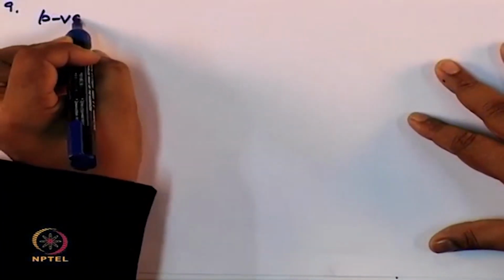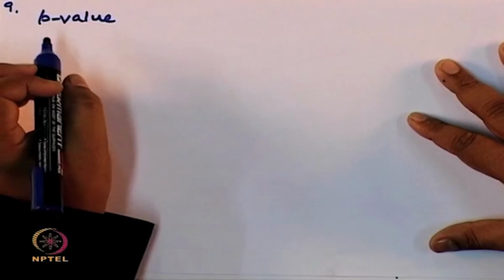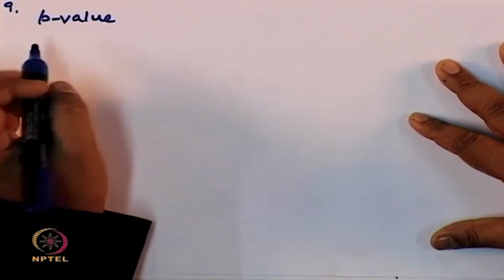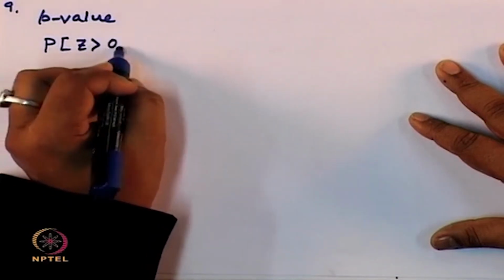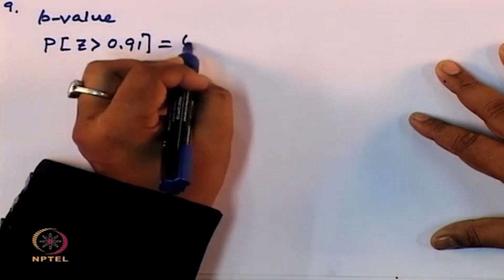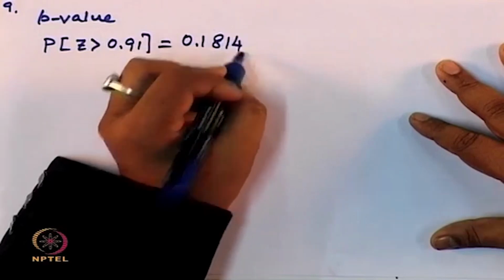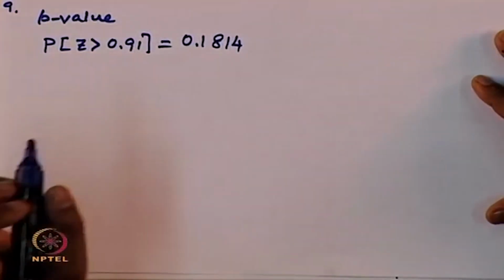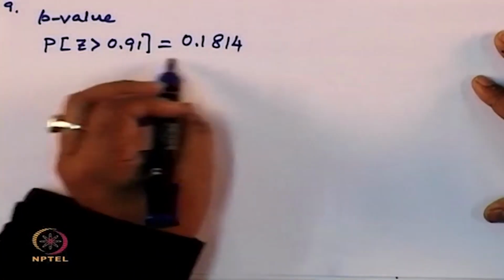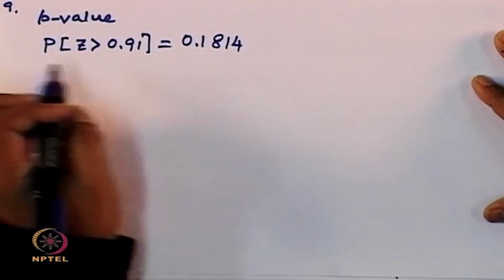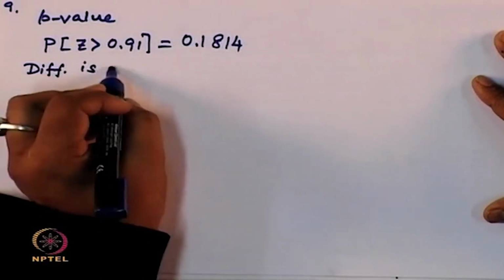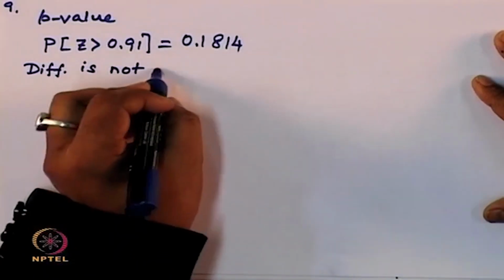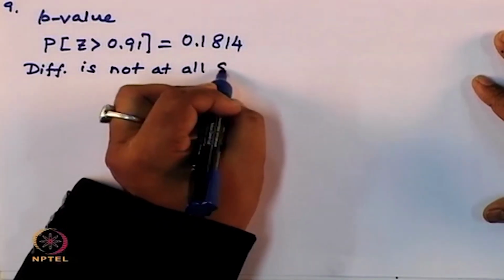I want to calculate the probability of z greater than 0.91, which comes out to be 0.1814. This probability is way too high, so the difference is not at all significant.